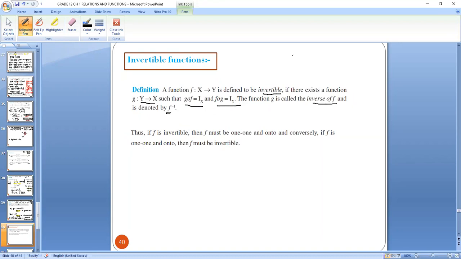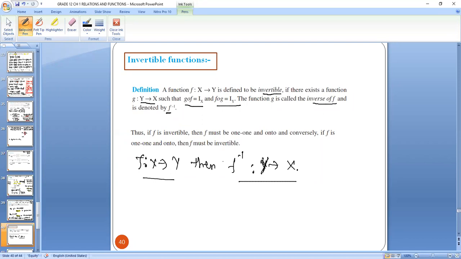The function G is called inverse of F and is denoted by F inverse. So अगर हमारे पास F एक मैपिंग है x to y, then simply F inverse will be a mapping from y to x. ये है बस उल्टा, इनवर्स में उल्टा हो जाएगा, राइट। F अगर मैपिंग है x to y तो F inverse एक मैपिंग है y to x.